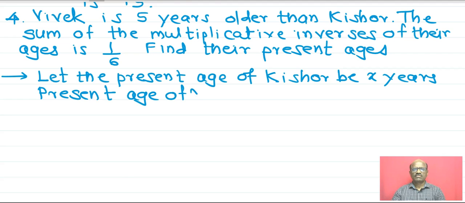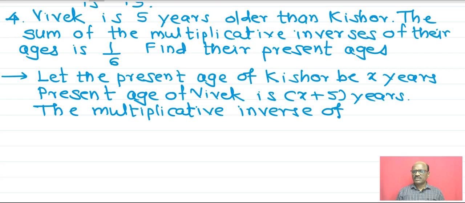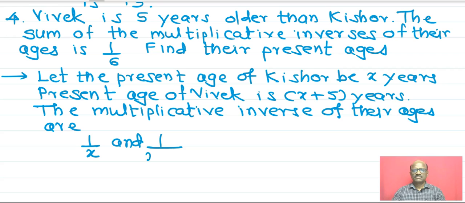Present age of Vivek is x plus 5 years. Therefore, the multiplicative inverse of 5 is 1 by 5. In the same way, the multiplicative inverse of x is 1 upon x, and the multiplicative inverse of x plus 5 is 1 upon x plus 5. Therefore, 1 upon x and 1 upon x plus 5 respectively.